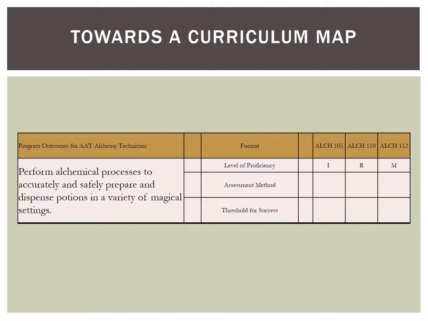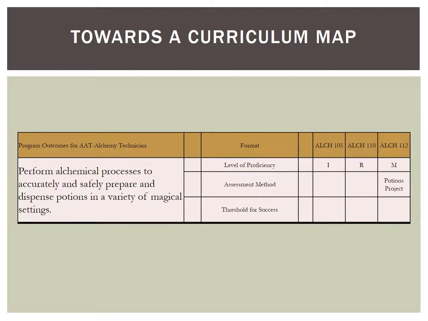So in this hypothetical alchemy class, I might have students do a big end of term potion project. And let's designate this as the way we will assess students' mastery of the outcome. Finally, in the box beneath that, identify the threshold that the student will have to meet in order to show mastery. Do you have a rubric for this assignment?